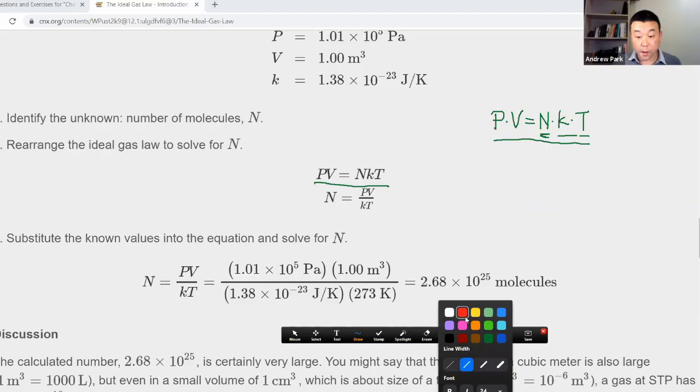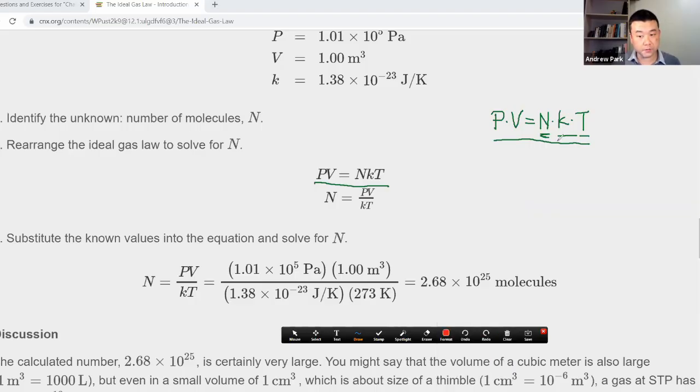So what I want to do here, especially on the right-hand side, is multiply the right-hand side by 1 over kT so that I can cancel out k and T here. Now, if I did only this, then I'm changing the equation. I shouldn't do that. So I have to do the same thing to the left-hand side. Multiply the left-hand side by 1 over kT. Then k and T cancel on the right-hand side. So I'm left with just N.